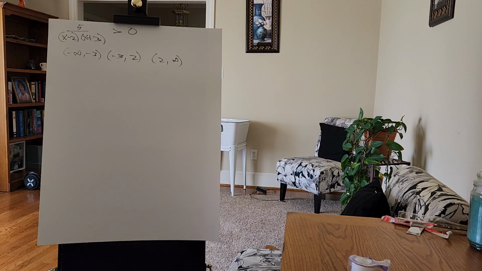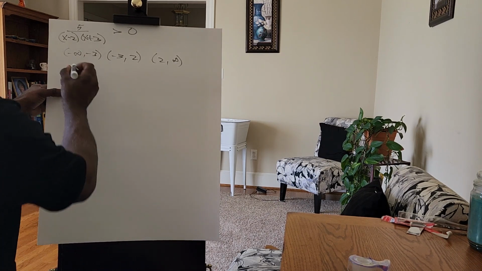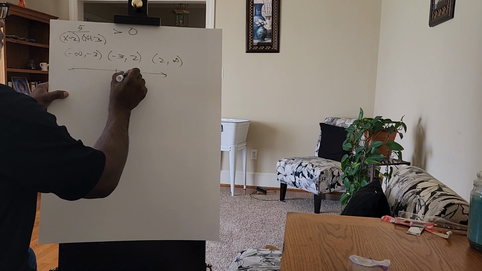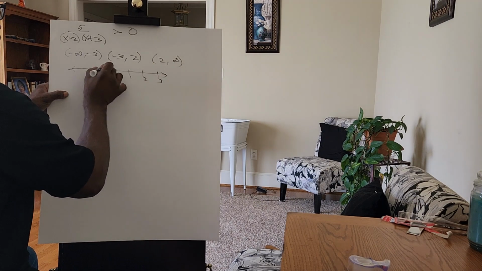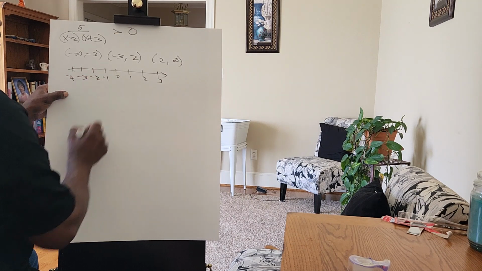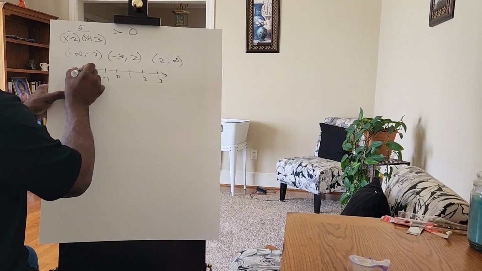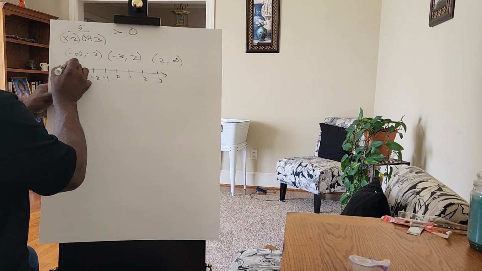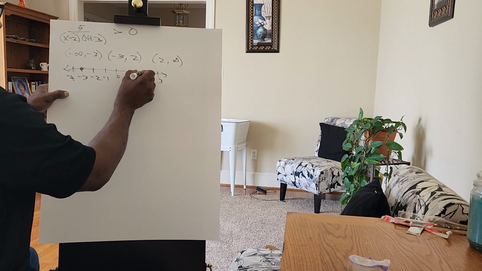I found these intervals because of these two zeros in the bottom: x equals positive 2 and x equals negative 3. I can put those on my number line just to make sure we're clear. I had a 0 at negative 3, since negative 3 plus 3 makes 0, and a 0 at positive 2.